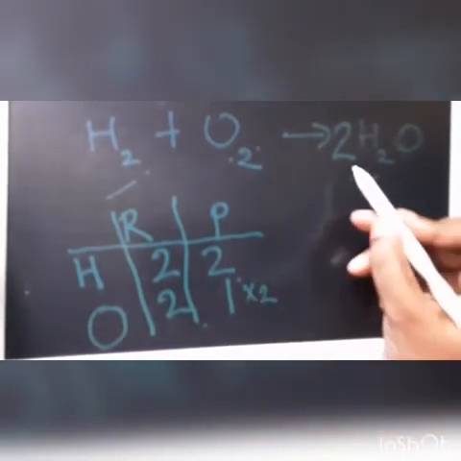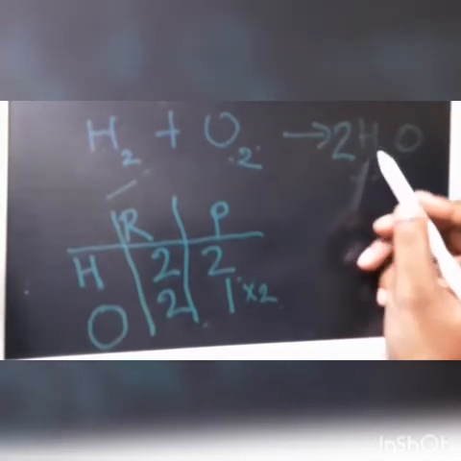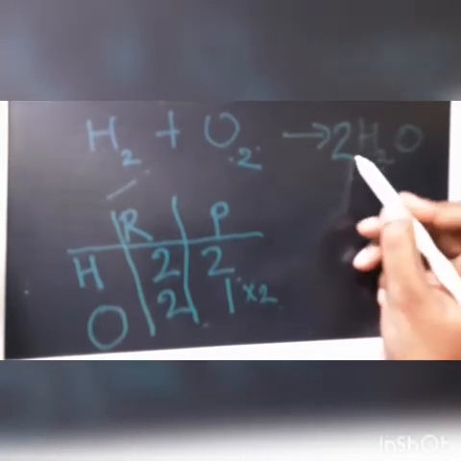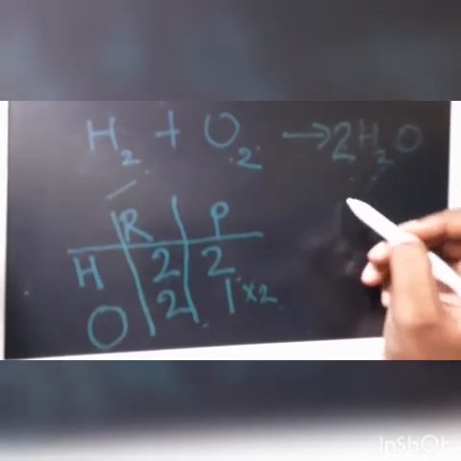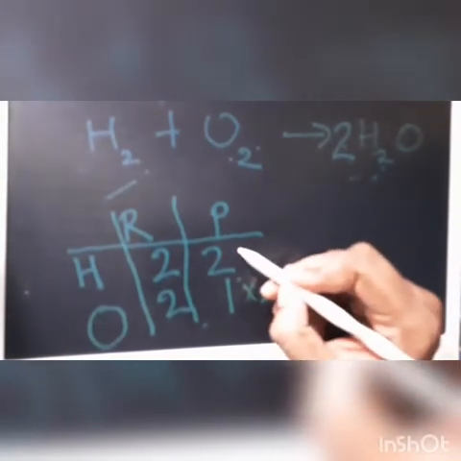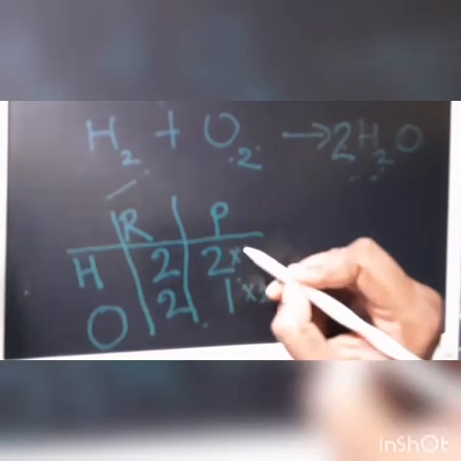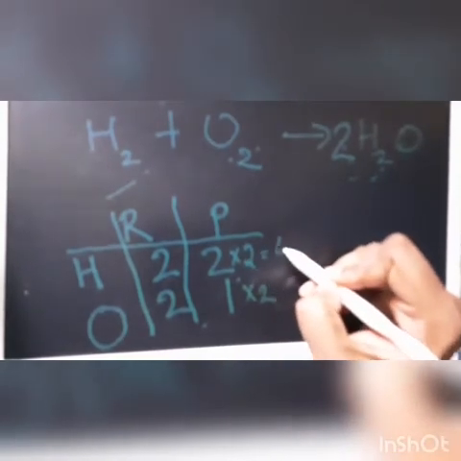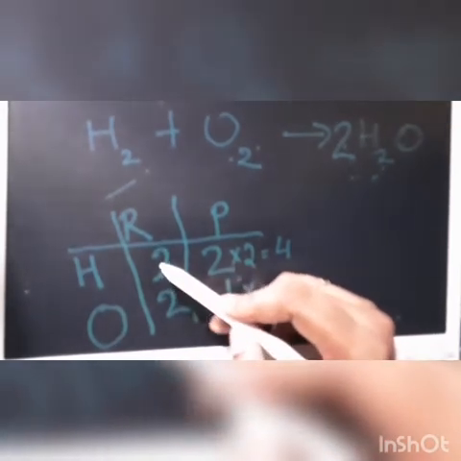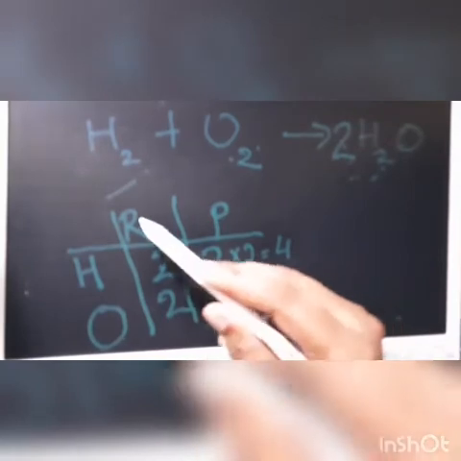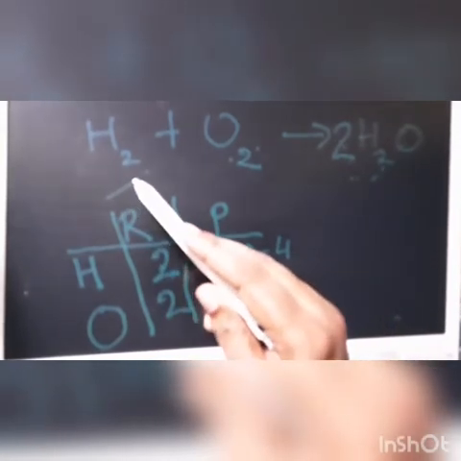But you can see hydrogen, which was 2, is now 2 into 2, 4, in the product side. But at the reactant side it is 2. Now I need to make this into 4. How will I make reactant side hydrogen 4?